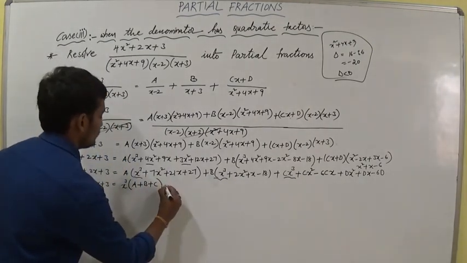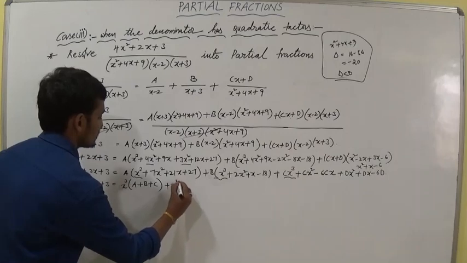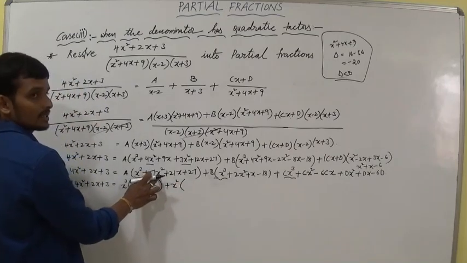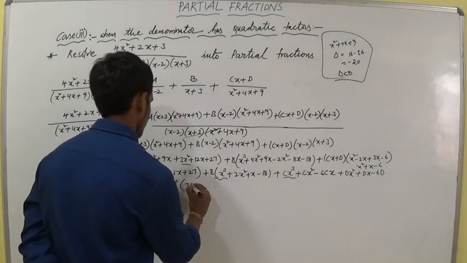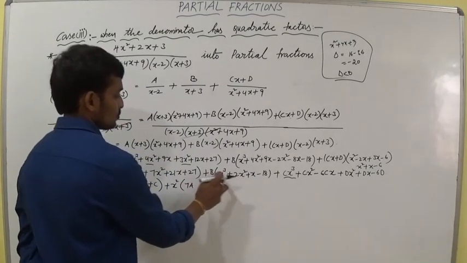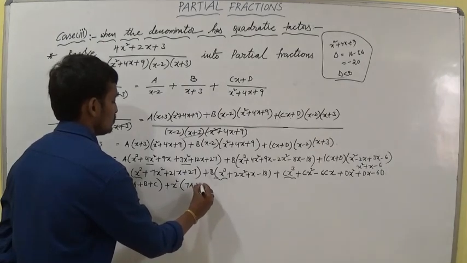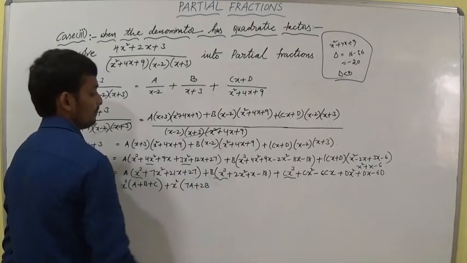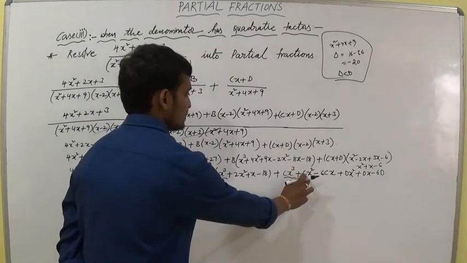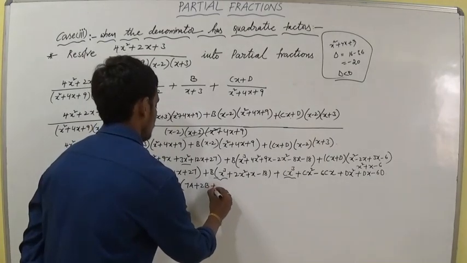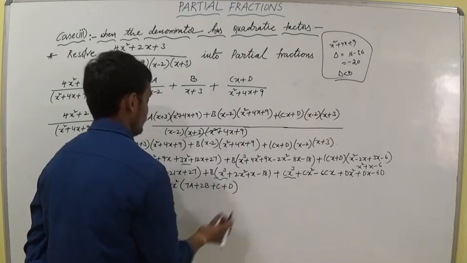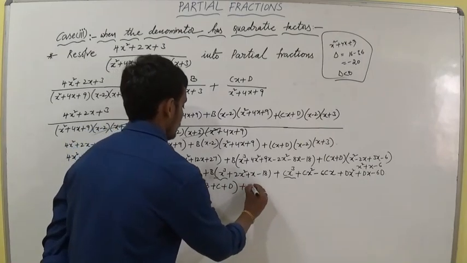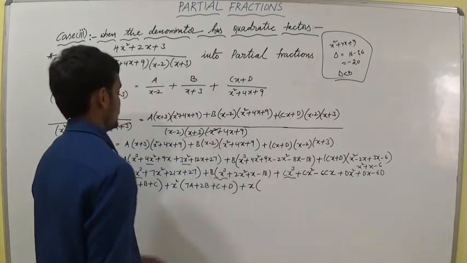Now I am common x square. If I common x square here, 7 into A, 7A, plus 2 into B, 2B. Next, here C, plus D. Now I am common x.